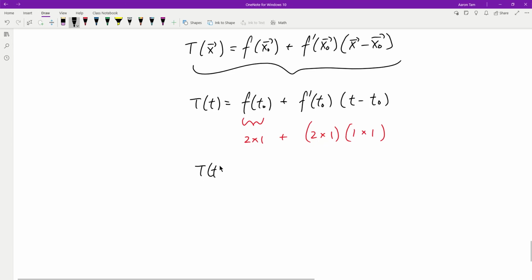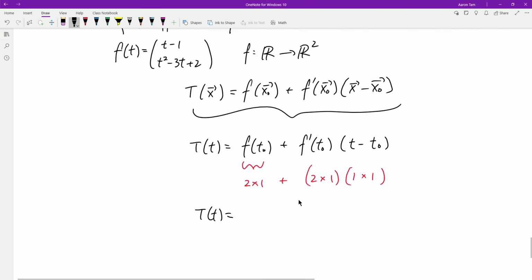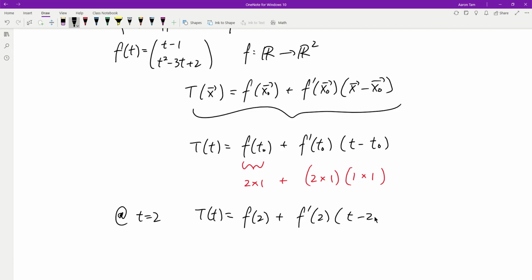So what is T of t equal to? We already know what f of t sub 0 is. Maybe I'll write out an extra step. At t equal to 2, therefore T of t would equal f of 2 plus f prime at 2, times t minus 2.